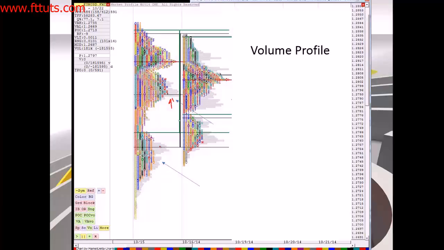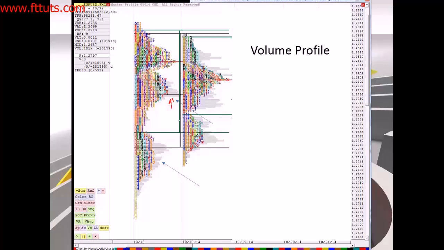Now, notice how the activity is very little, but the volume is quite intense. And once again, notice how the volume up here is even more intense than the volume up here. And we can tell that by looking at the price levels and the extent to which the bar extends out on the profile. So the further out, the longer the bar, the more intense the volume.